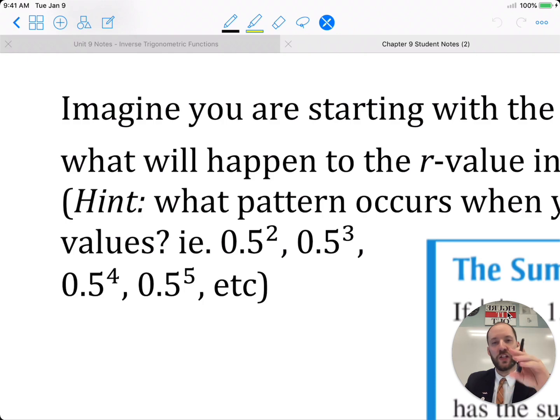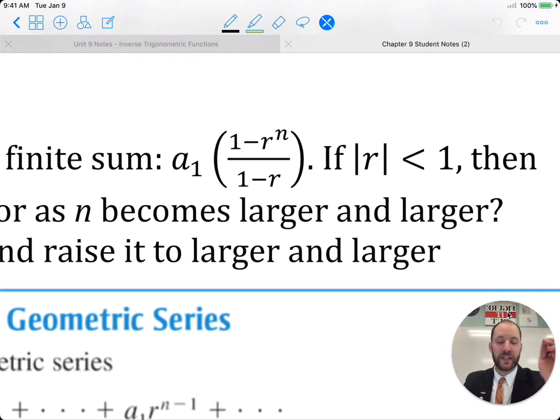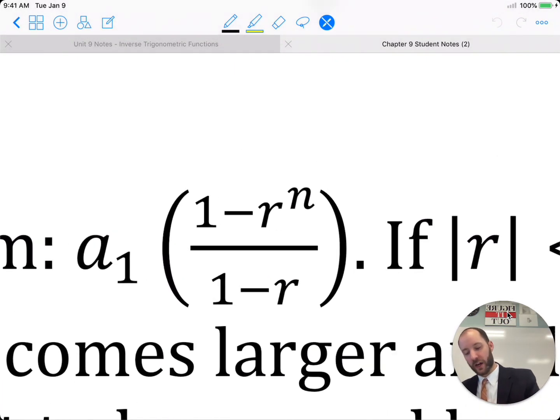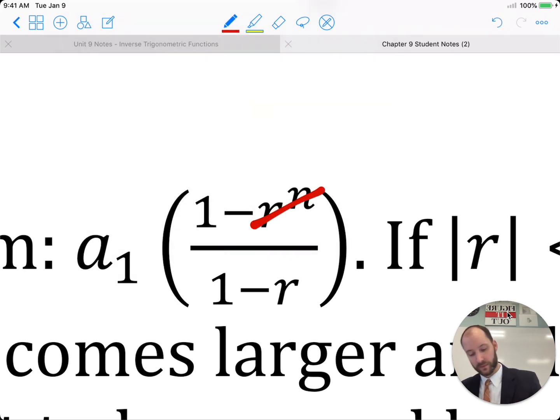That fraction gets infinitely small. Not to say it ever reaches zero, but it gets infinitesimally small. It becomes insignificant. So this r to the infinity power cancels out. It's essentially 1 minus 0.